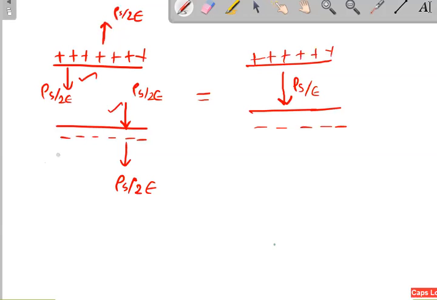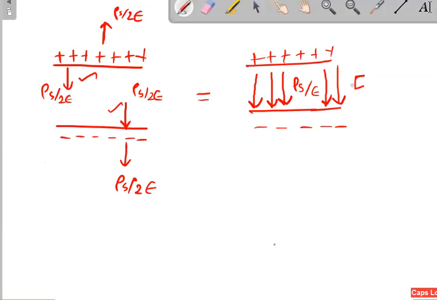So your field will be going from the positive plate to the negative plate. You take any capacitor, the field will always go from positive to negative. Whenever you have positive and negative charges, the field goes from positive charge to negative charge.